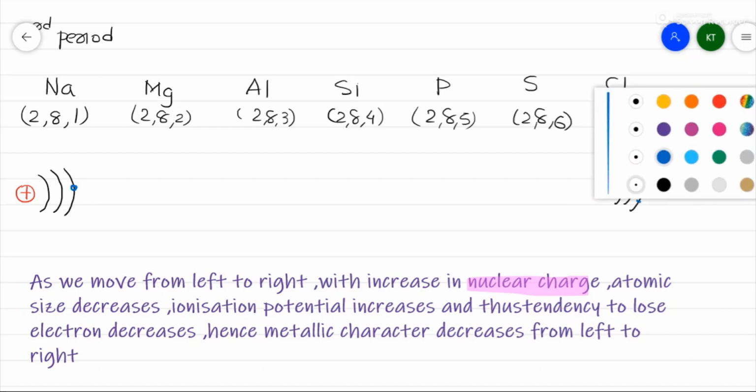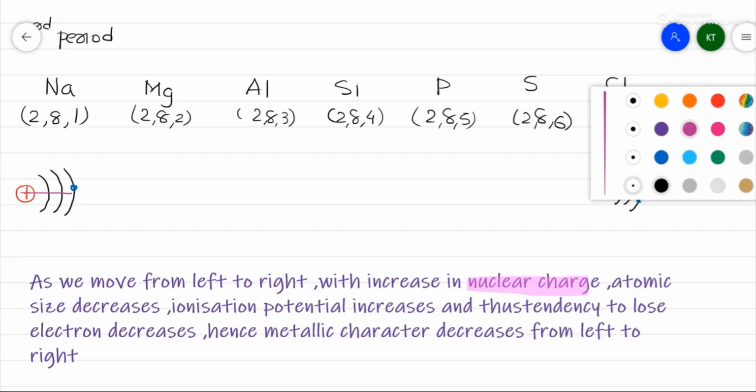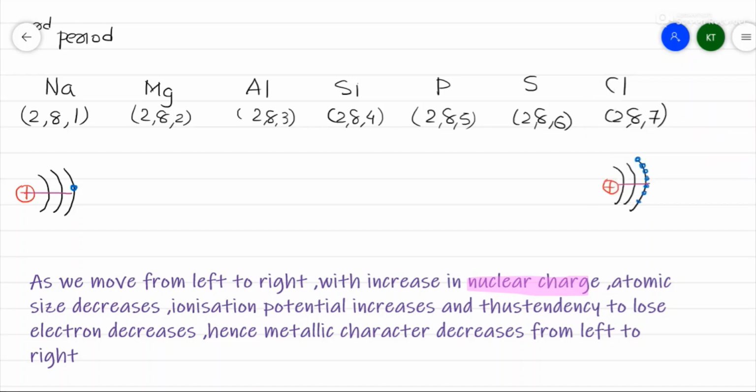Now, the size we can look into. Here, as we can see, from left to right, the nuclear charge is increasing, the number of shells remains the same, that is 3 shells only. Here I am having 3 shells, here also I am having 3 shells.